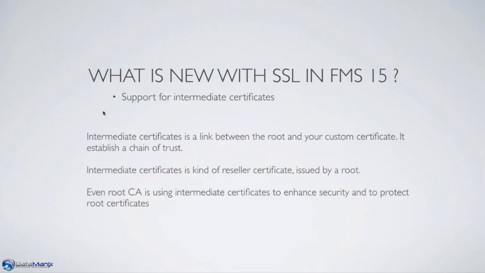Now we also have the intermediate certificates, like I showed you. The intermediate certificate is a link between the root and your custom certificate. It establishes something called a chain of trust. So if the intermediate is absent from the chain, then your certificate is not necessarily trusted.